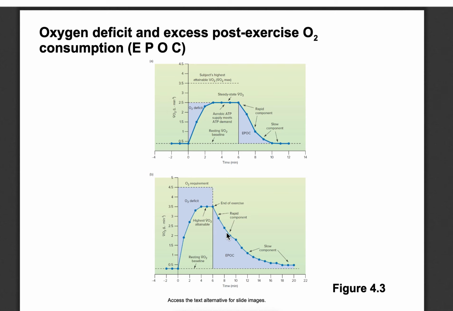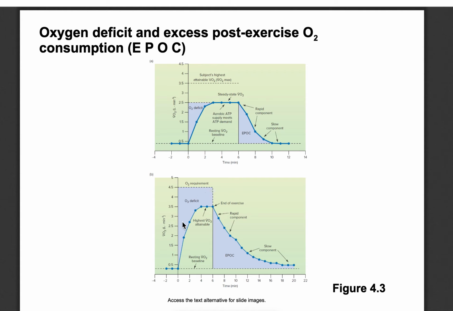This can be seen in greater effect when you get into something that is above VO2 max. So if the maximum amount of oxygen you can consume is around 3 or 3.5 liters per minute, but the exercise you're doing requires 4.5 liters of oxygen per minute in order to perform that exercise, you're never going to reach that.